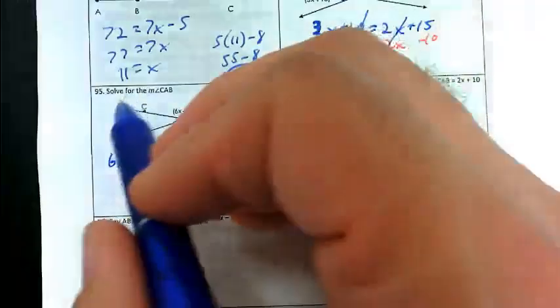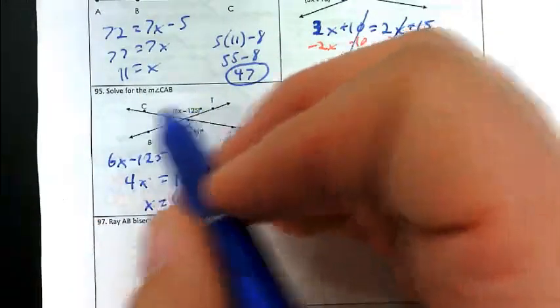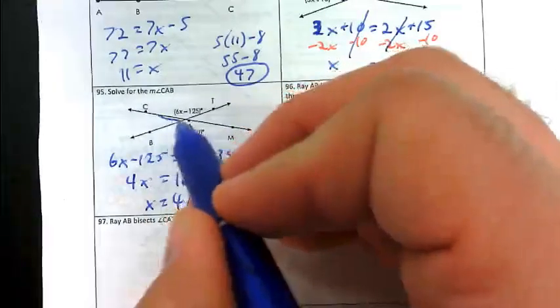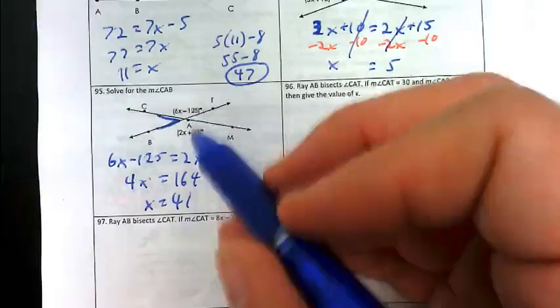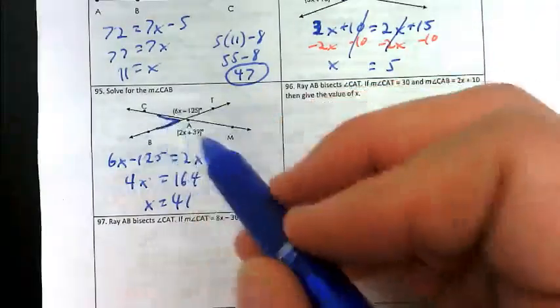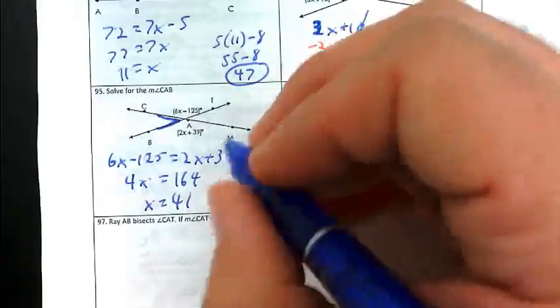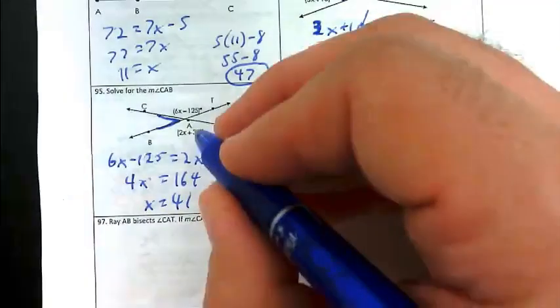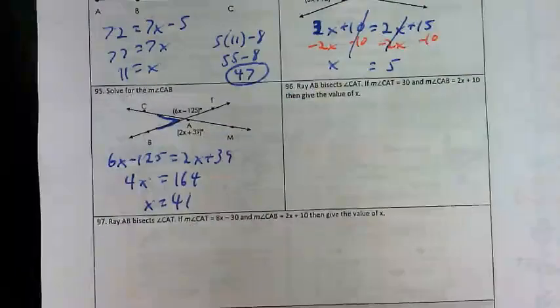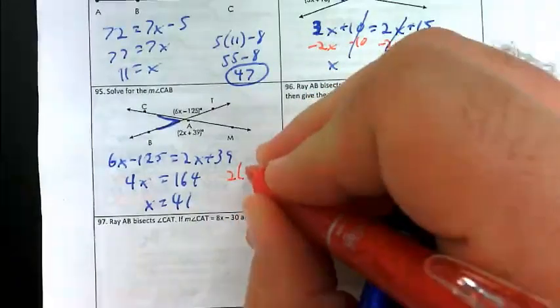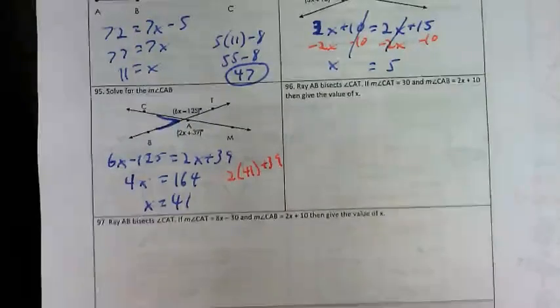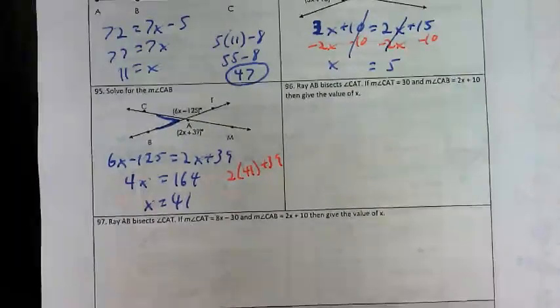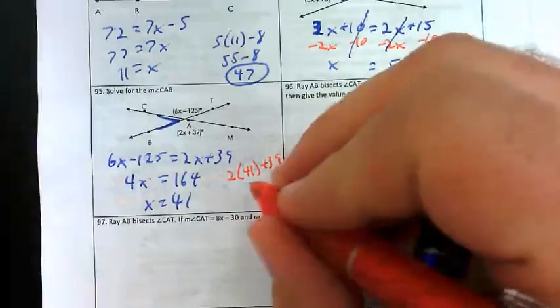That's not the final answer. This one asks us to actually plug in and solve for A, B, C. They want this angle over here. So it doesn't matter which one we plug into, because at the end we're going to have to subtract from 180 because we have a linear pair with either one of those angles. So plug 41 in. I'm going to use the smaller numbers. So if I do 2 times 41 plus 39, that gives us 121.